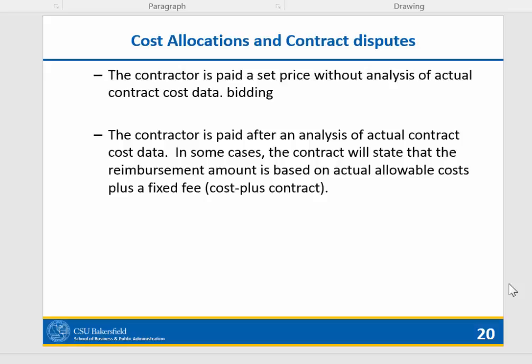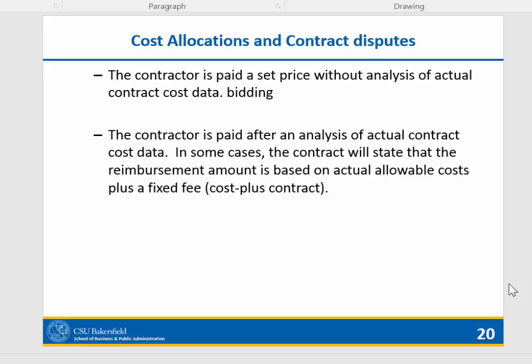They talk about the contract issues, and then they come to the stage where the reimbursement amount is based on the actual allowable cost plus a fixed fee. The fixed fee is more like a profit margin. So it's a cost plus contract. The bidding is more like a target price contract.